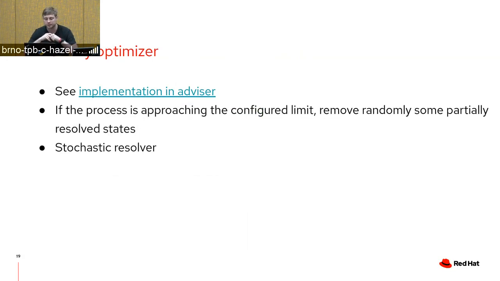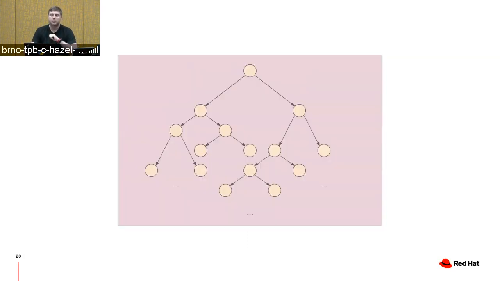So the resolution process is really stochastic, and it should be okay to randomly remove states if we are approaching the limit. Okay, so let's say this is our min heap queue. These states are kept in the min heap queue, and the memory limit is approaching. So what we do is randomly select one state and remove it from the min heap queue. We can again remove another state, but to maintain the min heap queue, naturally we need to perform a shift operation that is specific to a min heap queue. Okay, so this is memory optimization.